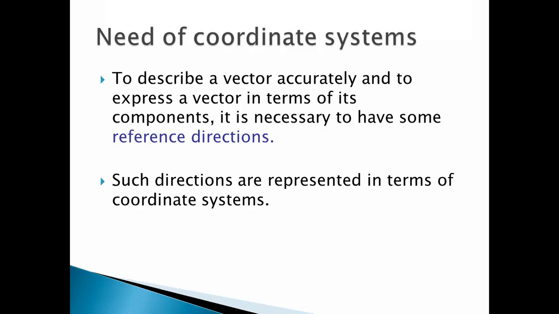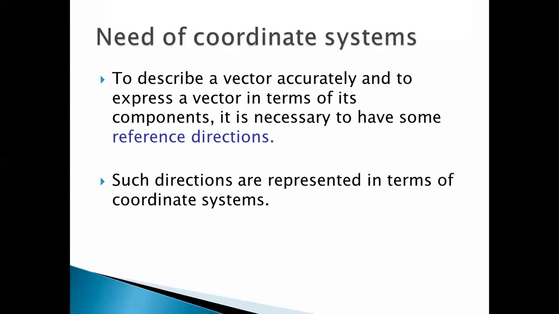These coordinate systems are required to represent or describe any vector accurately and to express a vector in terms of its components. Suppose we are considering any vector AB bar.